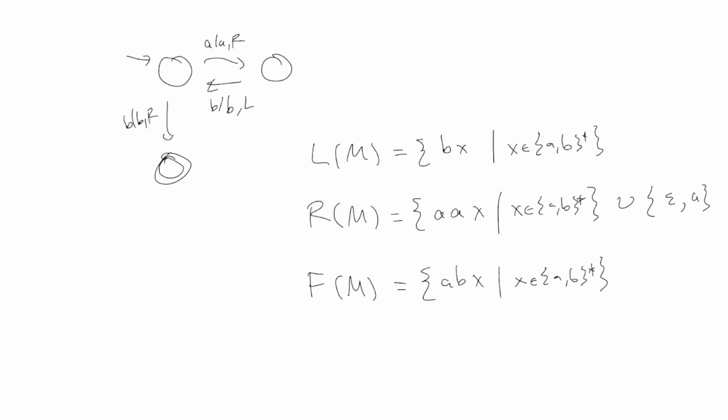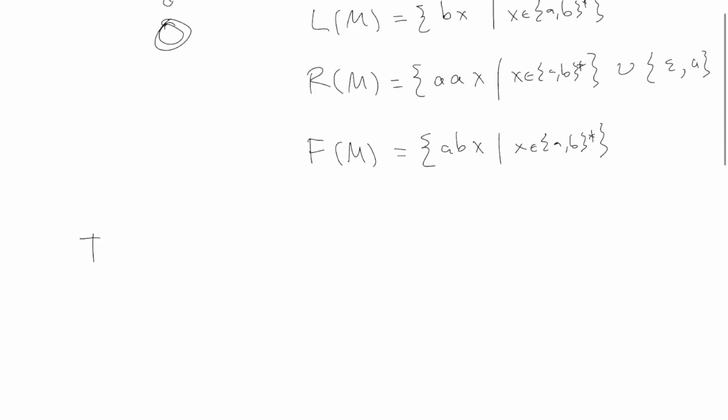All right. So here's a little bit of language. If F of M is empty, this means that if you have a Turing machine where the language of infinite loops is the empty set, then M never has infinite loops.